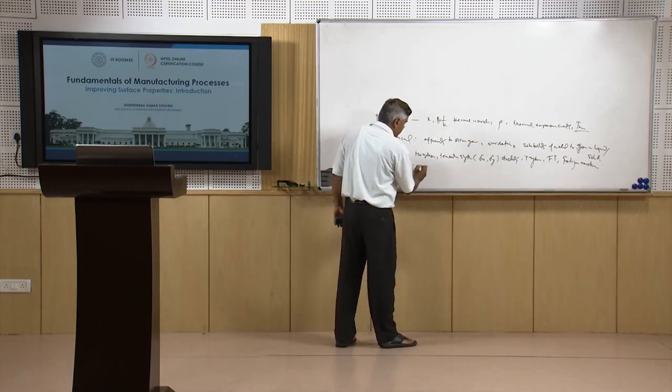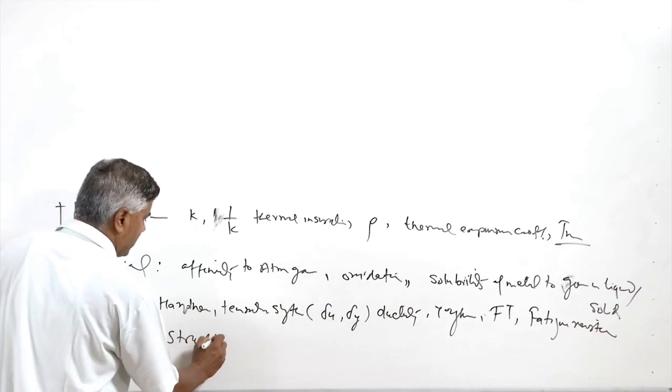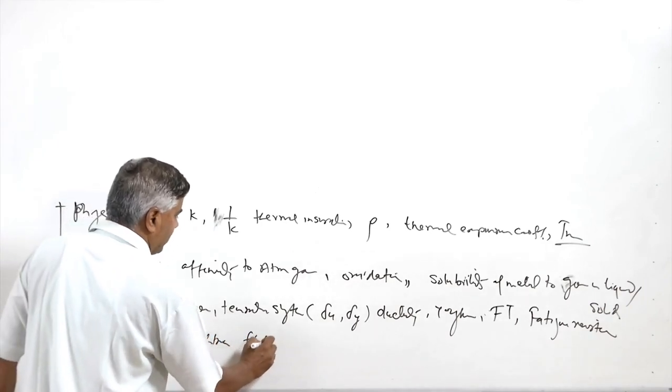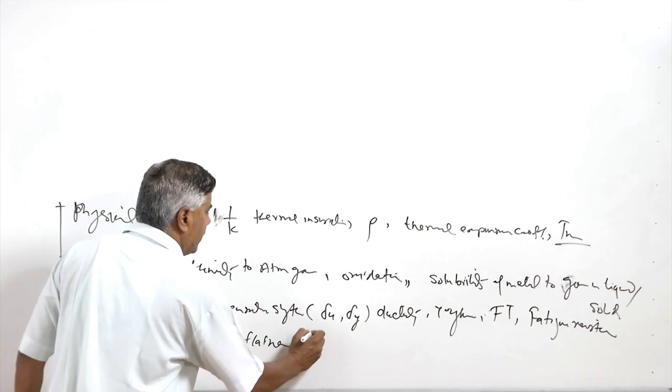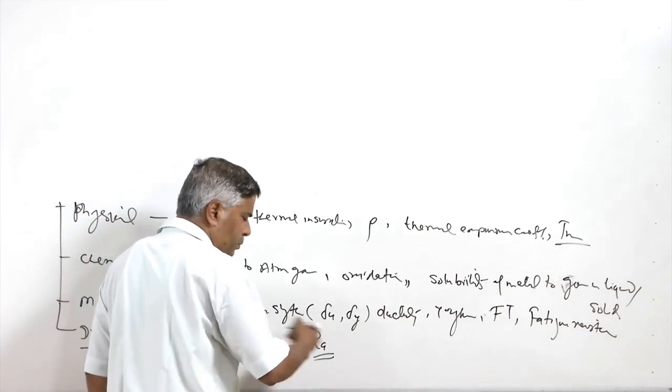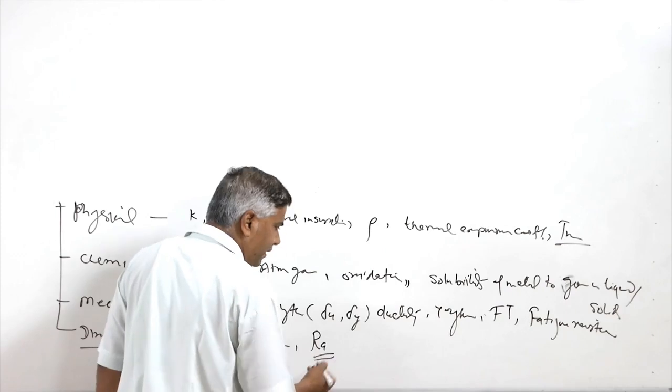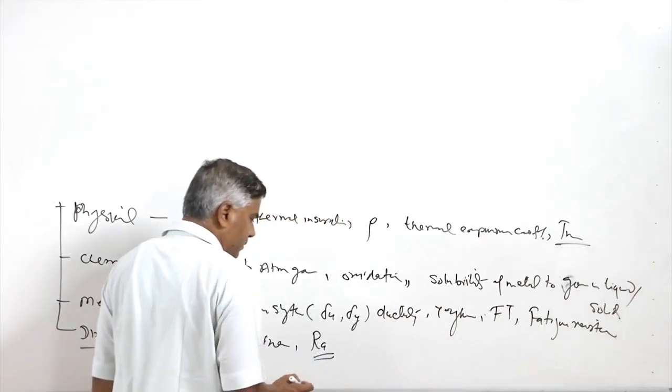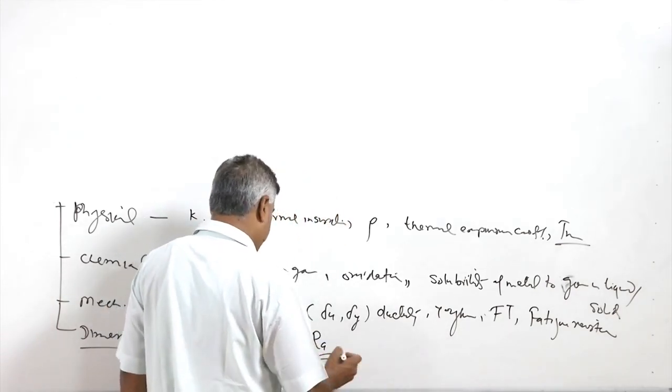Among the dimensional properties, there are straightness, flatness, and roughness, the smoothness of the surface in terms of Ra, the surface roughness center line average value in micrometers.